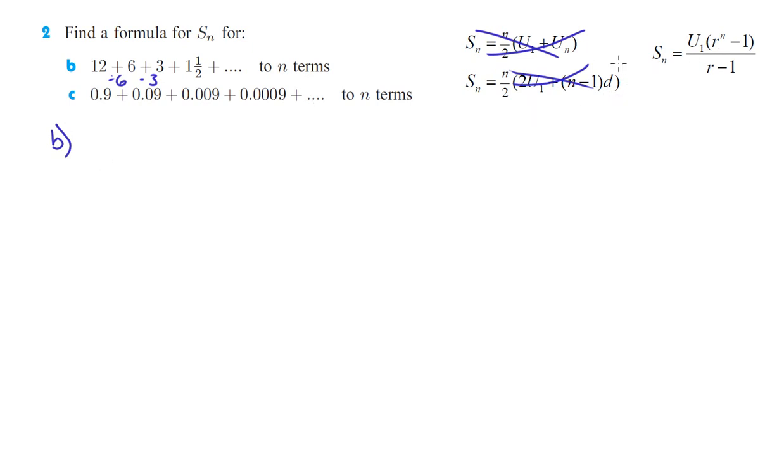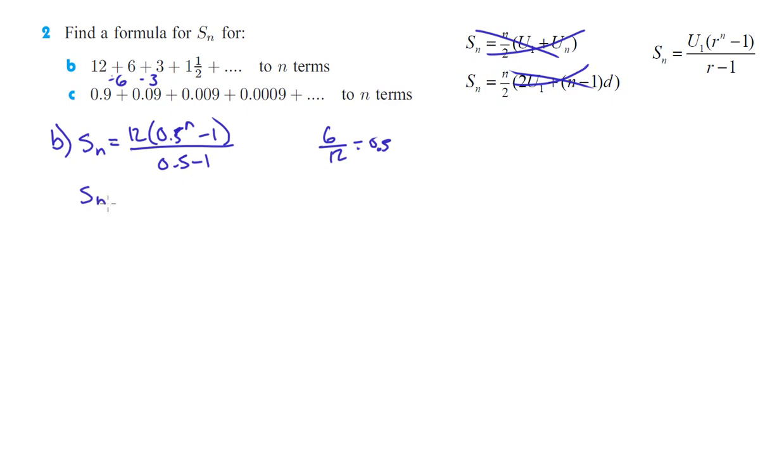So the S of n is going to equal the first term, which is 12, all times the rate. To figure out our rate, remember we do 6 divided by 12, which is 0.5. 3 divided by 6 is also 0.5, so we do 0.5 to the n minus 1, all over the rate, which is 0.5 minus 1.